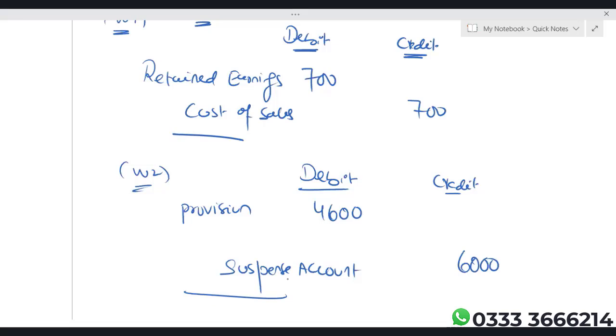The difference is the expense, and we take that into administrative expense, which is 1,400.